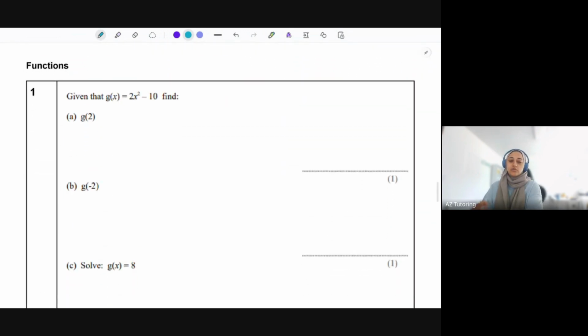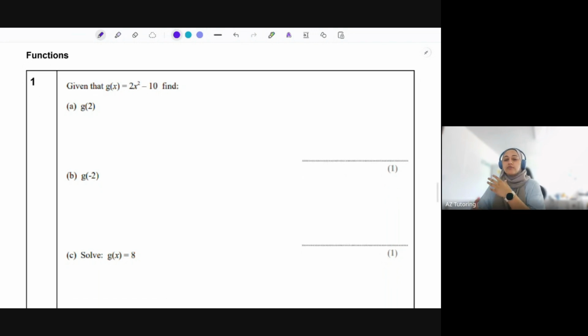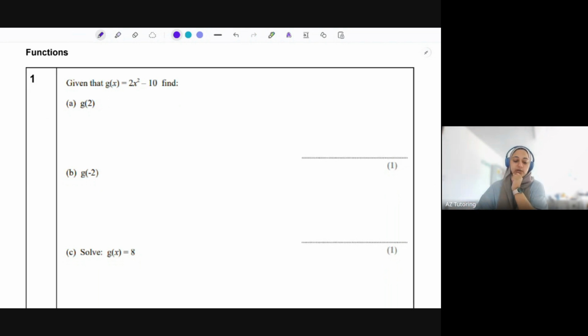Okay, moving over to functions. So we've got a few functions questions. We'll do a few different examples. We'll start off with just substituting a number into a function. We'll do composite functions, solving functions, and inverse functions as well.